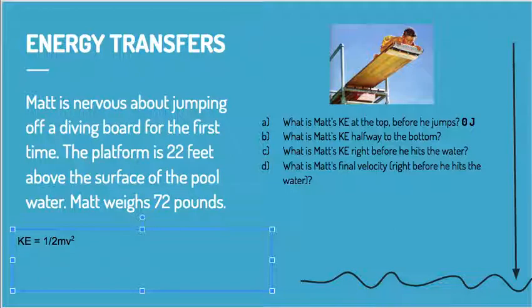What is Matt's kinetic energy halfway to the bottom? For this question, we can apply a previous answer. We know that the total energy has to equal KE plus GPE. And we know that the total energy was equal to the initial GPE.